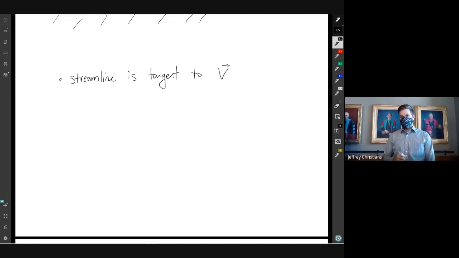So if we know the velocity field, we should be able to figure out the streamlines because they're tangent to each other. So how would we actually do that?